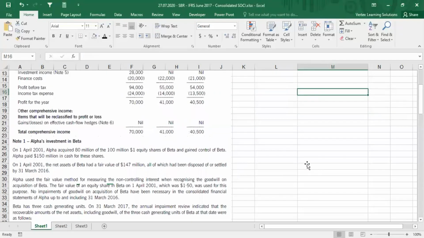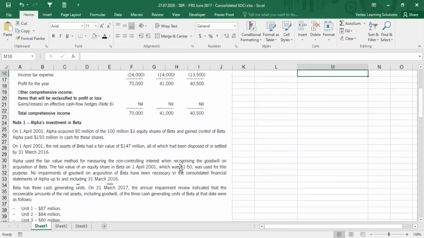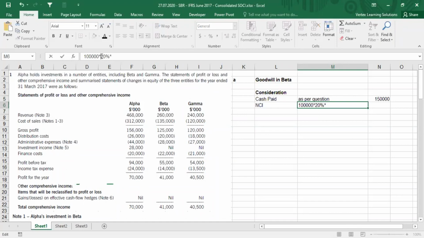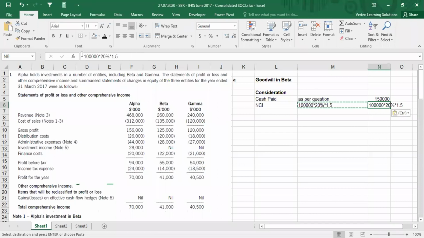I think it was 1.50. 20% into 1.5, so this is the value of NCI, which is 30 million. So these are the two things. That's all. So what was paid was 180 million.